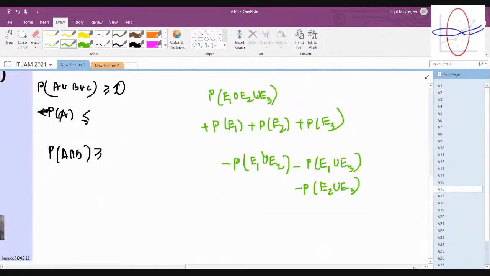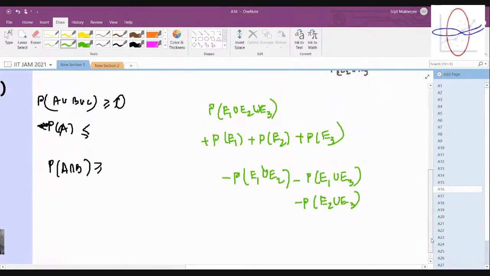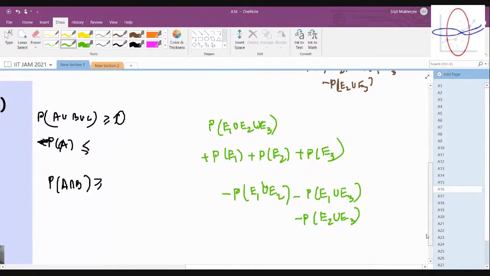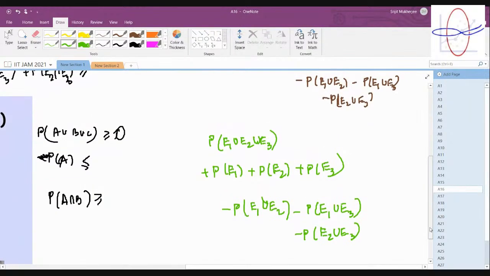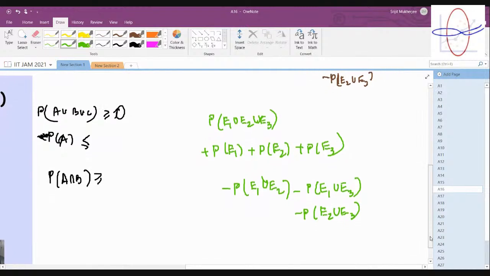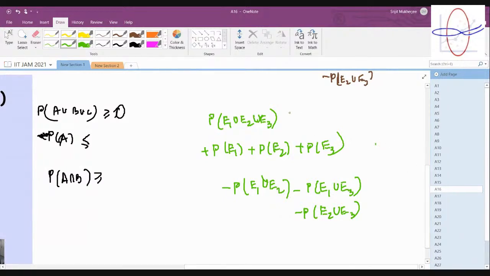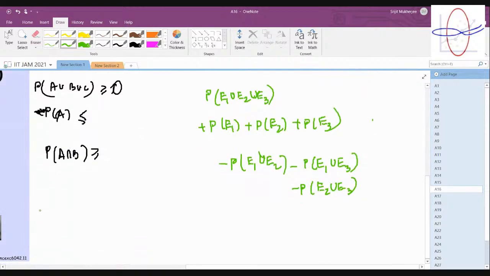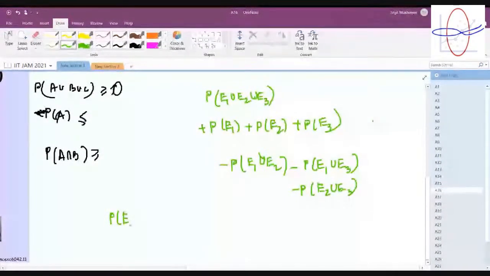So we need to use an upper bound and a lower bound in each of these. That makes a bit of sense. So this is greater than or equal to the maximum of this, and we need to find an upper bound of this. How can we find an upper bound of E1 union E2? That's the challenging part.